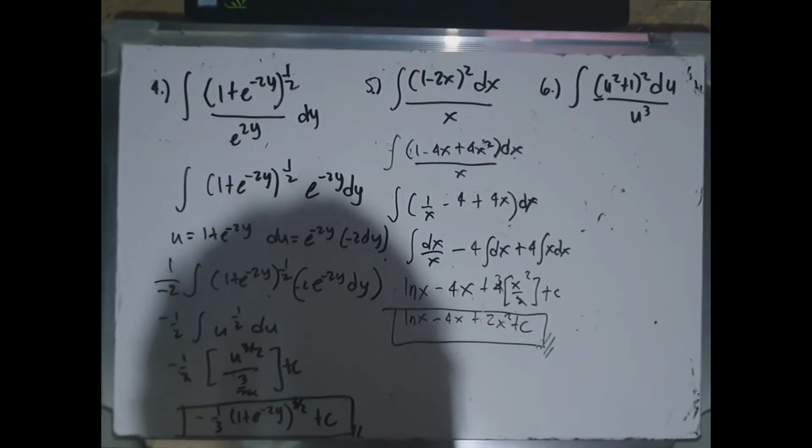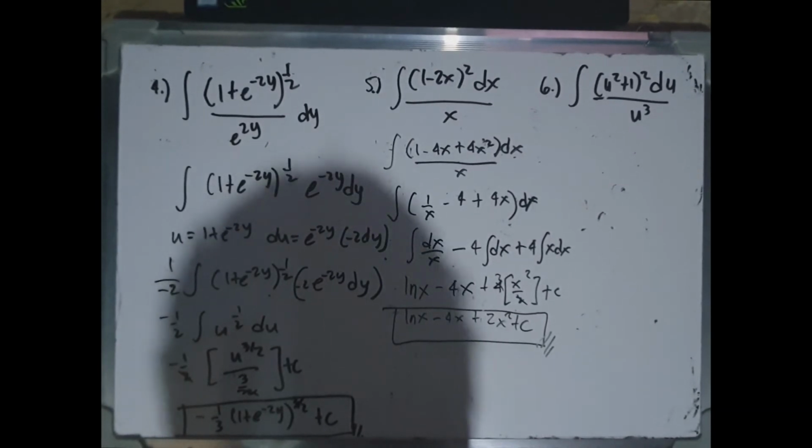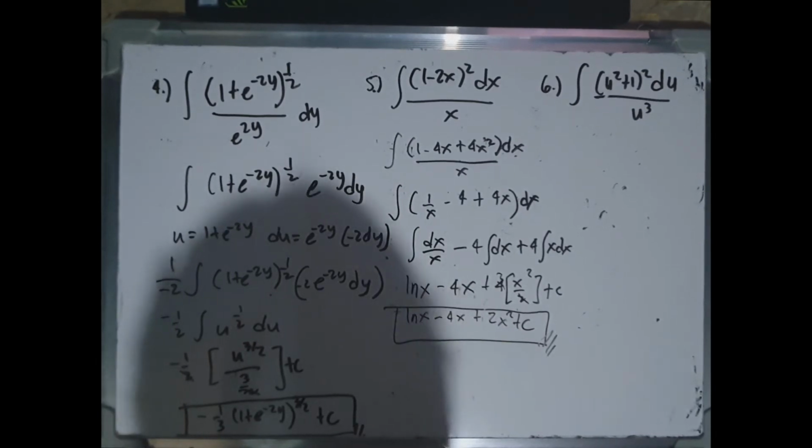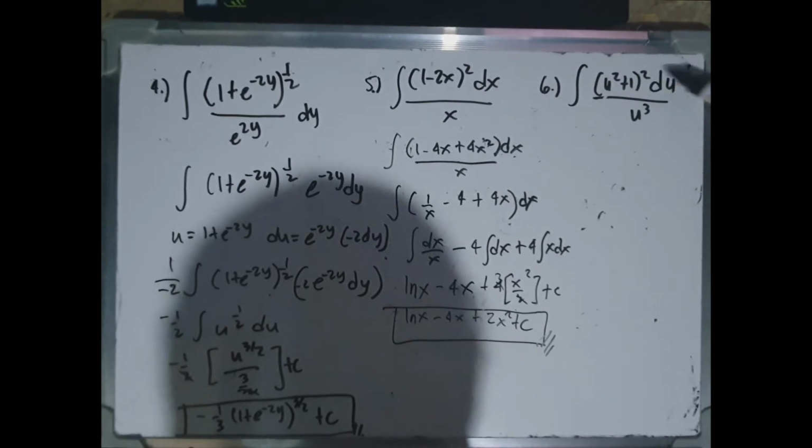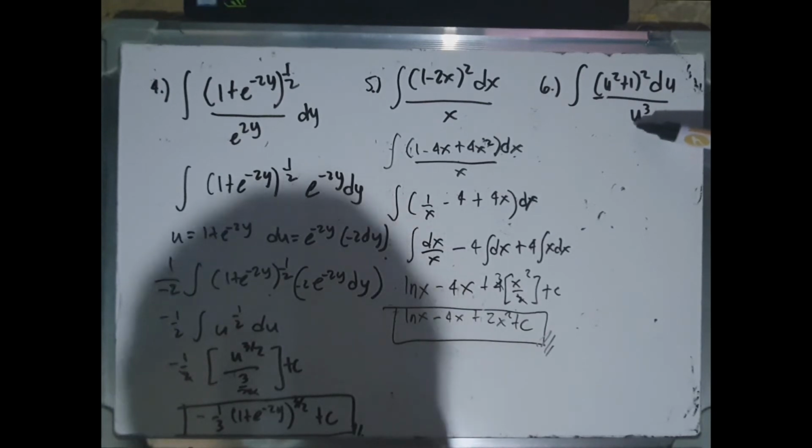Now for problem number 6, we have the integral of the quantity u squared plus 1, quantity raised to 2, du over u cubed. Okay, first, if we select this one again as our u squared plus 1, deriving this one, this is not the du, and what would happen to the u cube from the denominator?